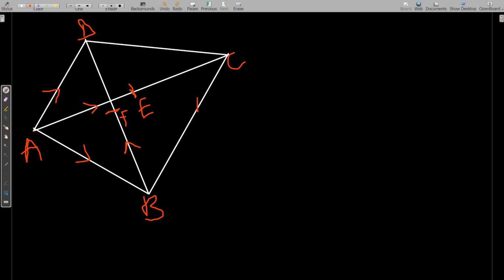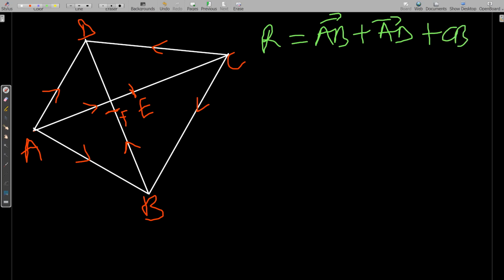And we have CB and CD acting on C as well. Okay, so this is what we have. You are supposed to show that the resultant is actually given by 4EF. The resultant is just summing all the forces given in the question. So the resultant should be equal to AB, plus AD, plus CB, plus CD. This is what we are supposed to do, and we'll sum these.